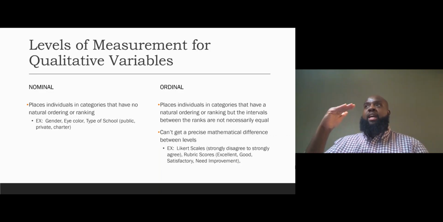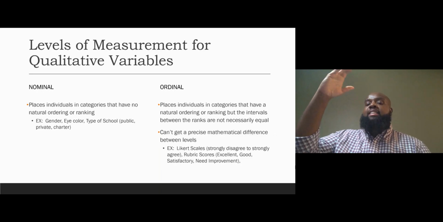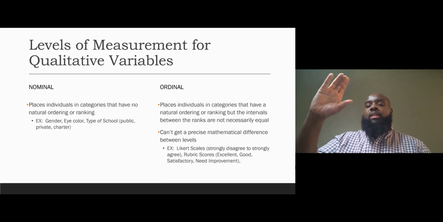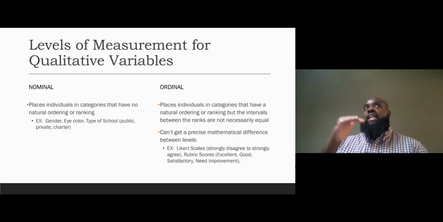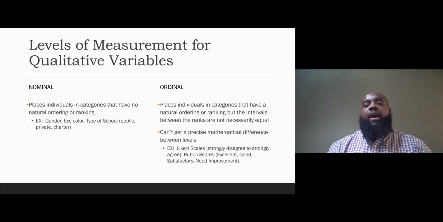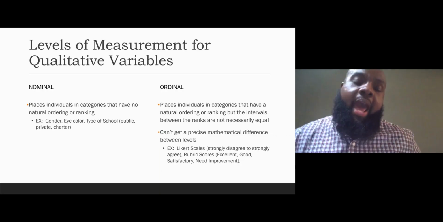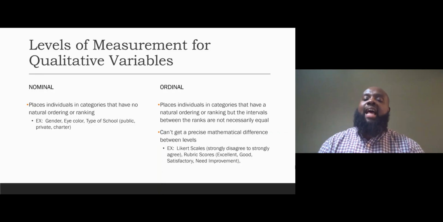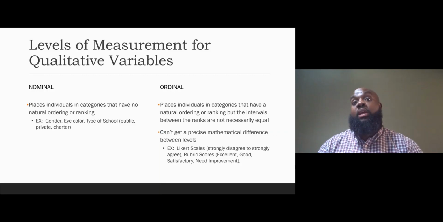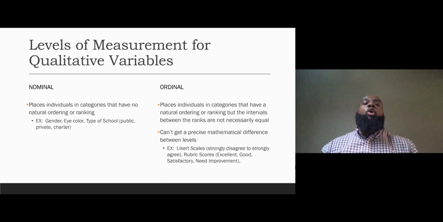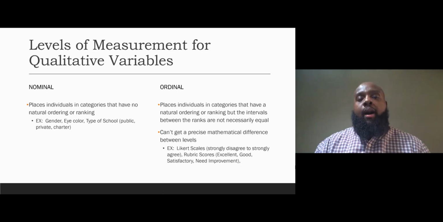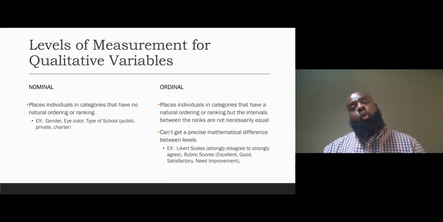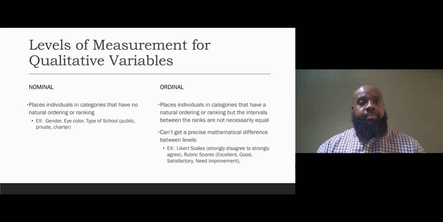The difference between a good and an excellent is not necessarily equal to the difference between a good and satisfactory, right? And so with these ordinal variables, we can't get a precise mathematical difference between the levels. But these variables are all qualitative. That means they're putting individuals into a category. One has ordering, the other doesn't.